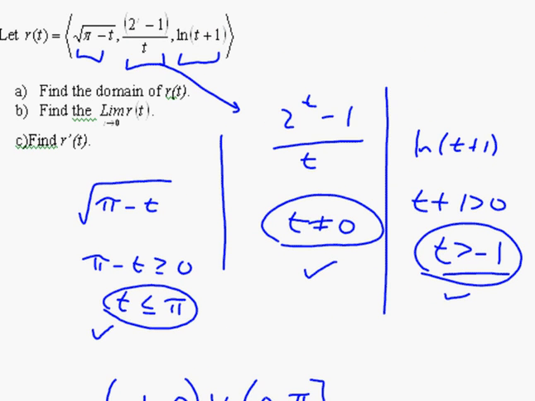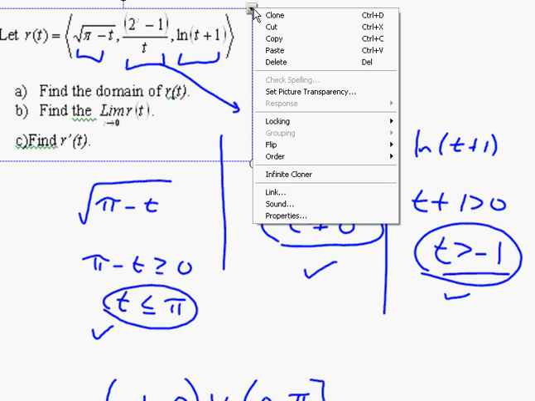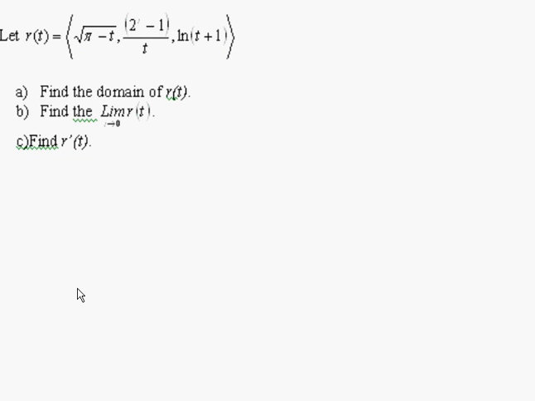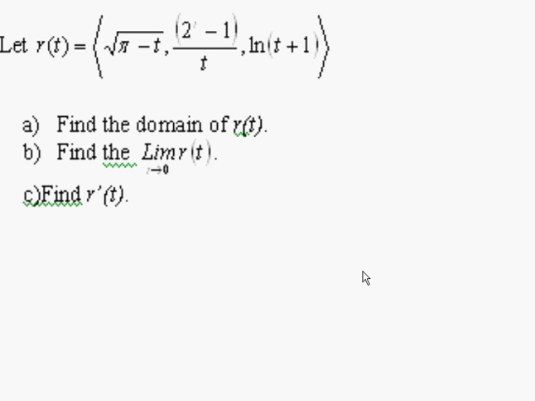We're supposed to take a look at this vector function and ask the question, what's the limit as t goes to 0? So this is just a fancy way of asking for 3 separate limit problems at once. If we put t equals 0 in the first expression, we just get square root pi. That's not so bad. We put t equals 0 in the second expression, it's going to be undefined.